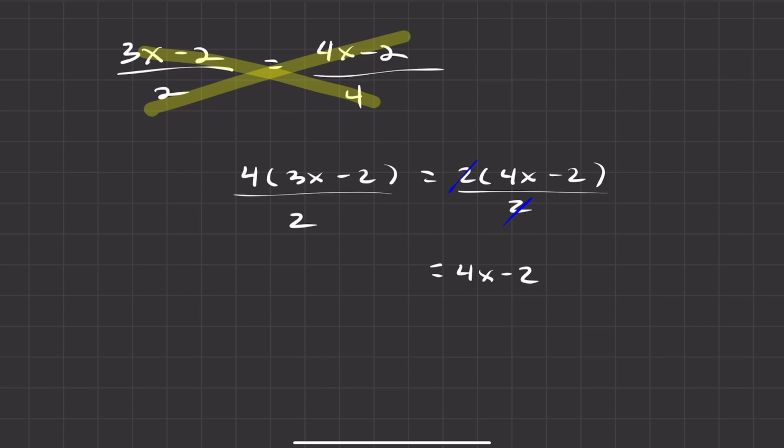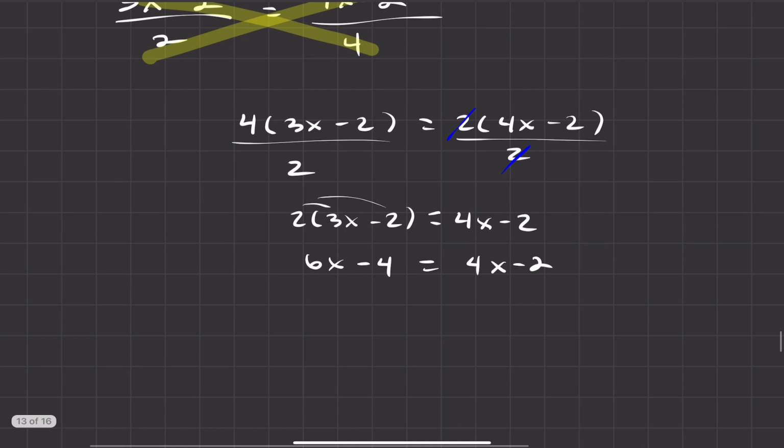And then you've got 4 divided by 2, which is 2 times the quantity 3x minus 2. Then proceed to distribute. So you are left with negative 2x is equal to 2. Actually, positive 2. And then x is negative 1. That's my answer.